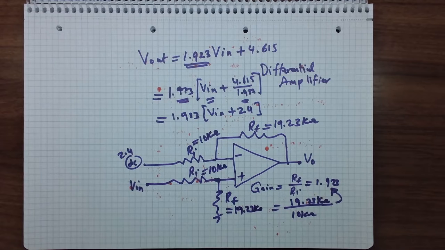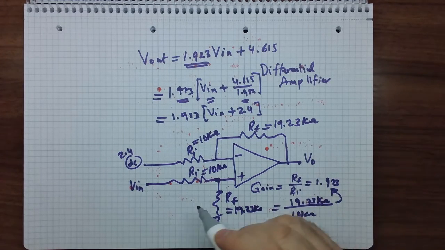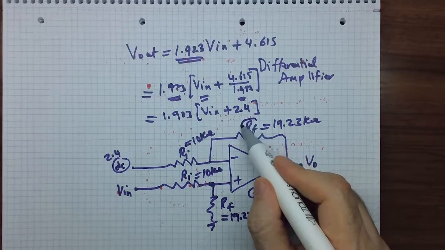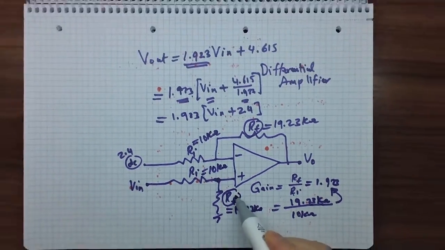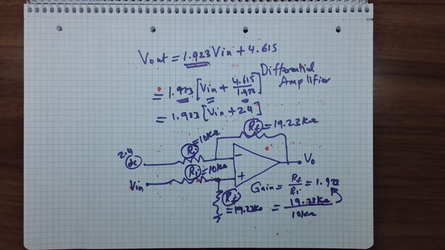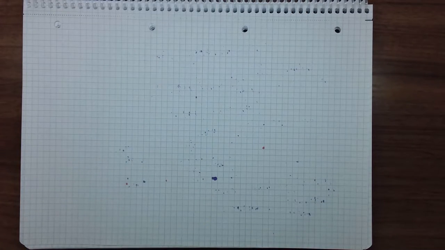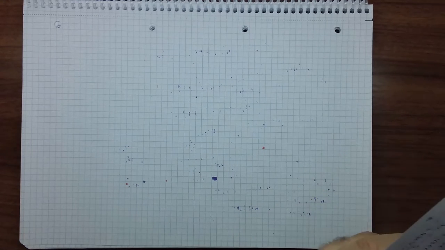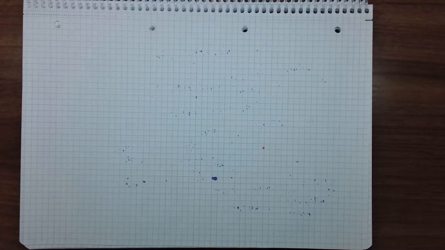In the differential amplifier, we always have this resistor equal to this resistor, and this resistor equal to this resistor, to have a balanced circuit with a gain of RF over RI. So this is another solution. Okay, now we can go to the next example, which is example 2.25.